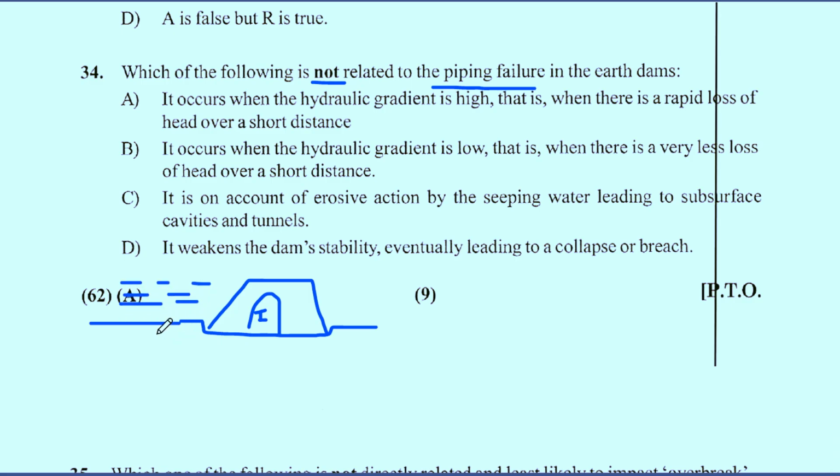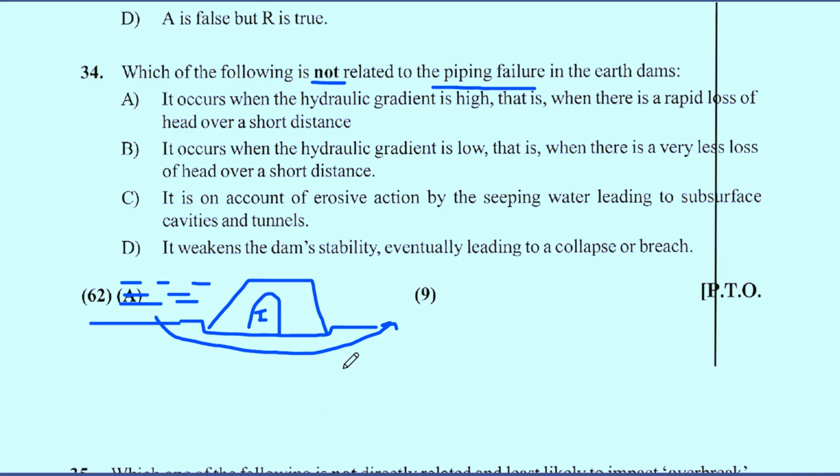Suppose some water is percolating here and there is seepage here, and it will pick up fine particles with it, and slowly a gap will be created. After that the whole structure can be damaged.